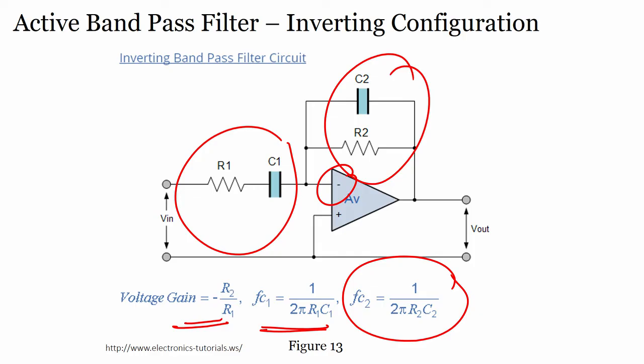Earlier it was a non-inverting band pass filter, this is an inverting band pass filter. It does not matter which you use, because the idea of using an op amp is to use it as an amplifier. If you want to amplify the signal along with filtering, you can use the operational amplifier in inverting or non-inverting type.